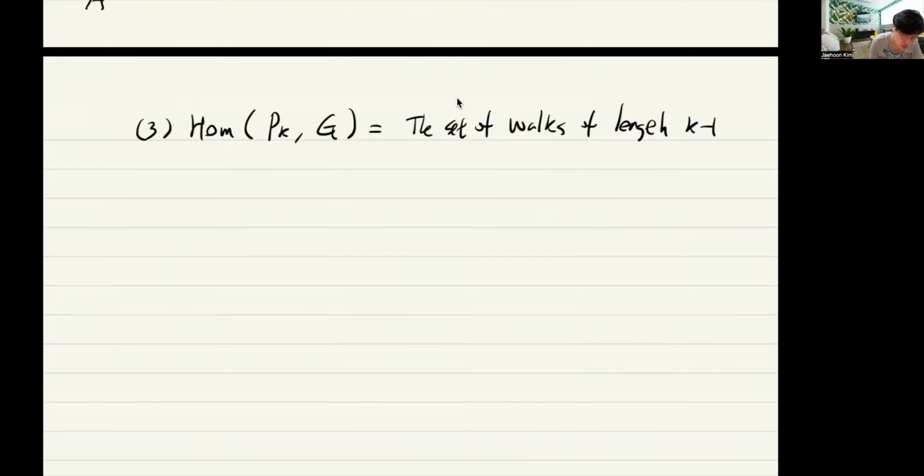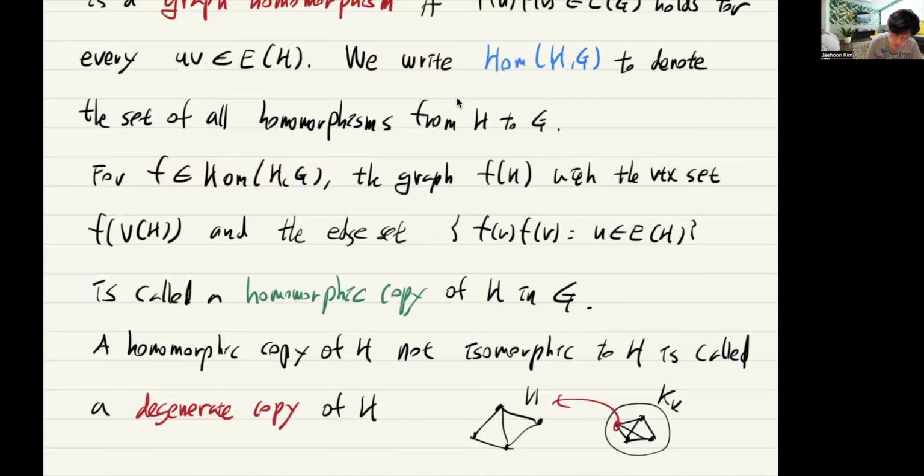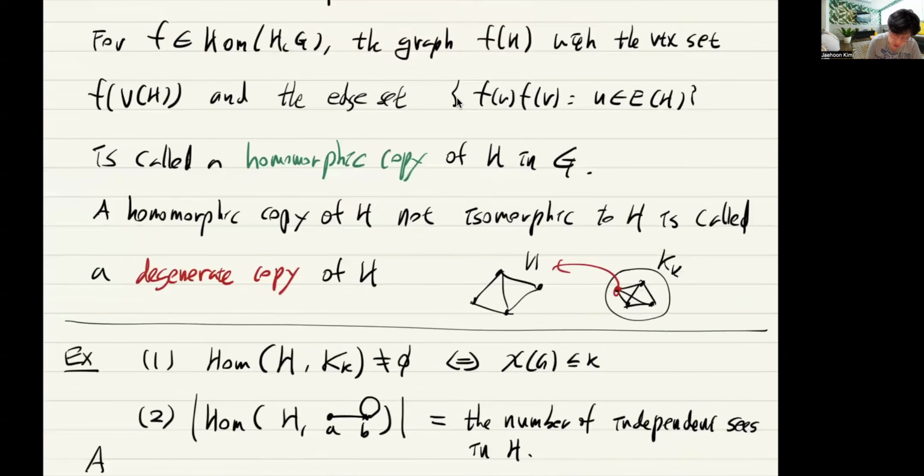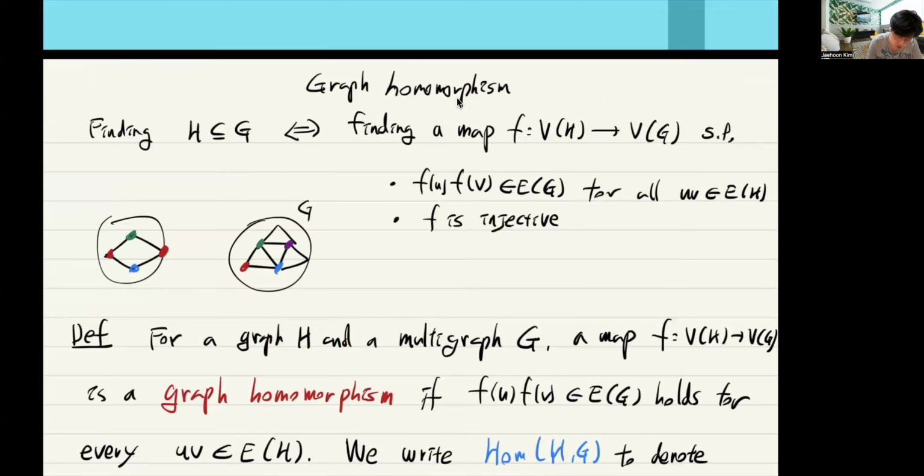Okay? For our motivation, the reason why this graph homomorphism is useful is that once we forget about injectivity, often we are able to do more analysis using some analytic tools like the Cauchy-Schwarz inequality.